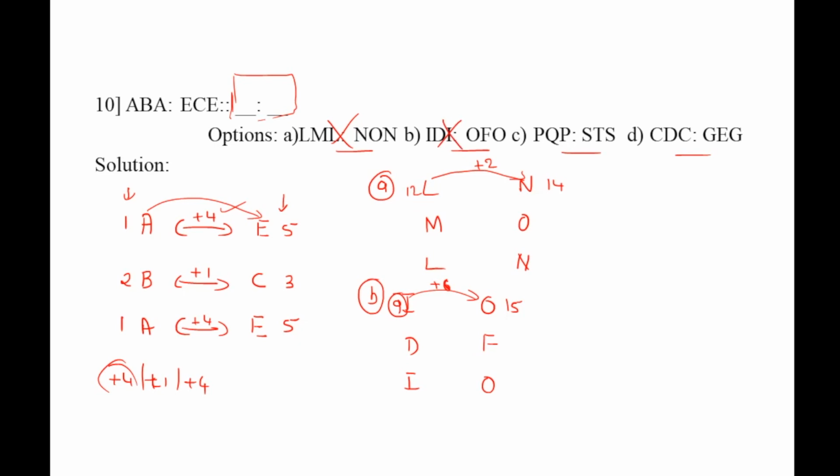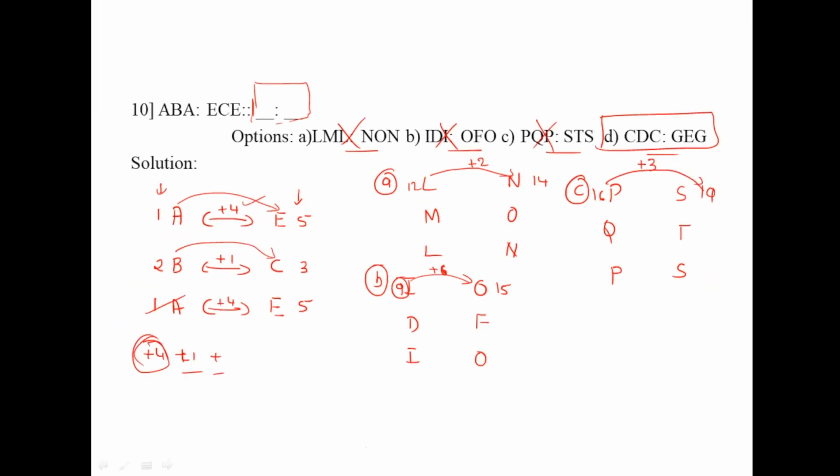Just remove B and go for C. It is P, Q, P and S, T, S. P is 16, S is 19. So the difference is plus 3 here. So option C is also not an answer. So remaining is option D. D is the right answer for this question.